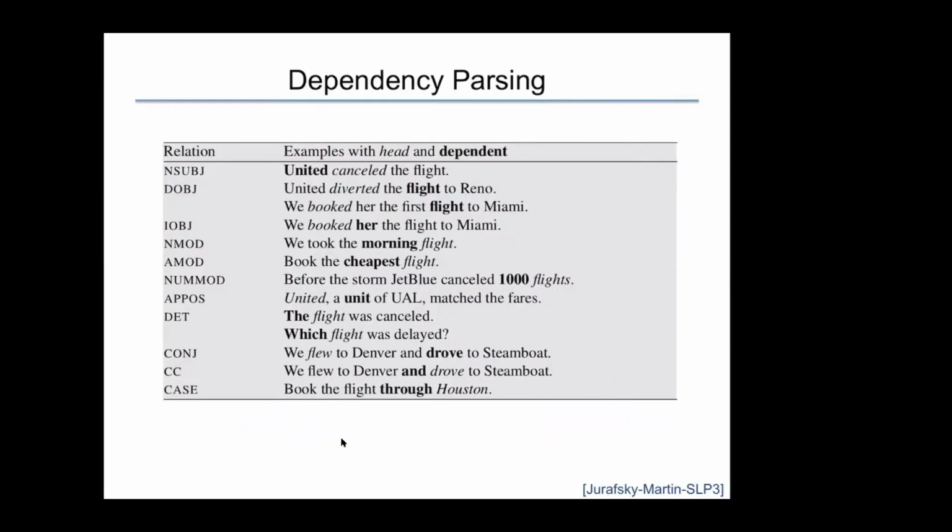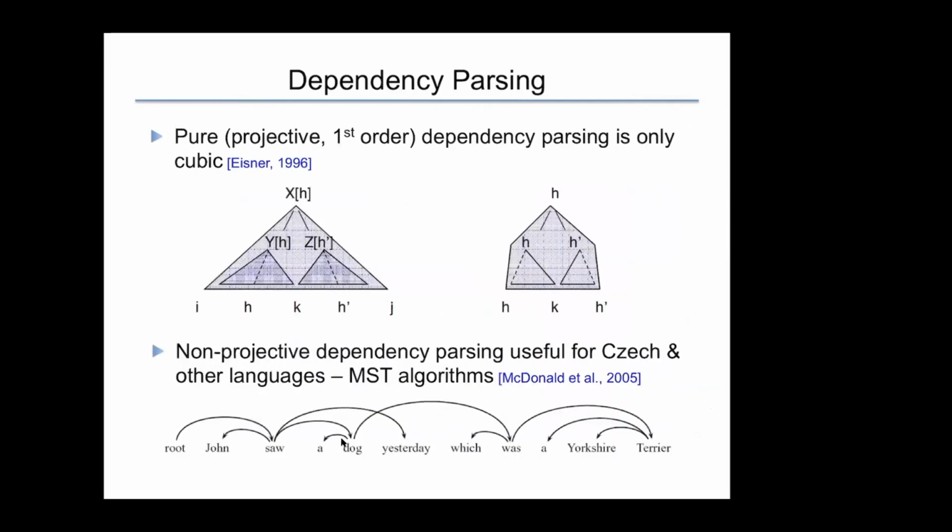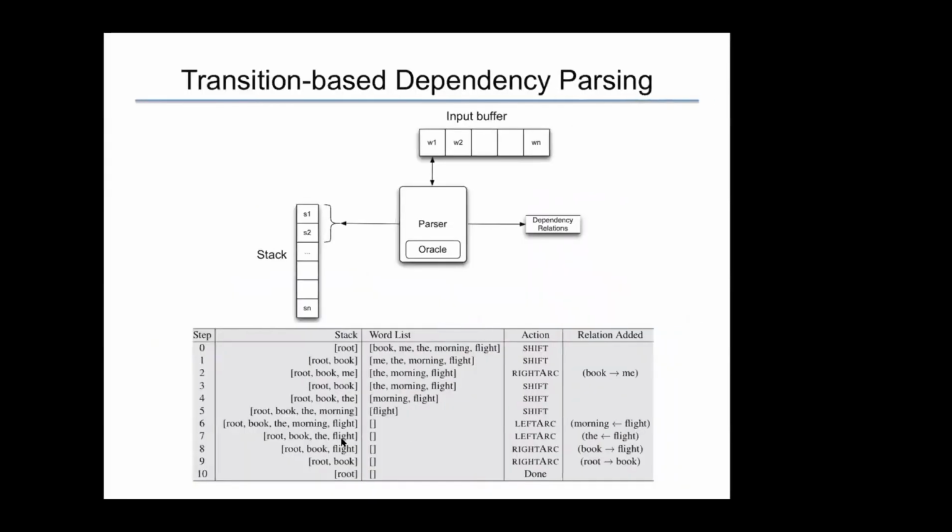The reason why I wanted to discuss this is because for dependency parsing, the recent methods actually approach it with neural networks rather than transforming from the constituent parser. That's called transition-based dependency parsing.